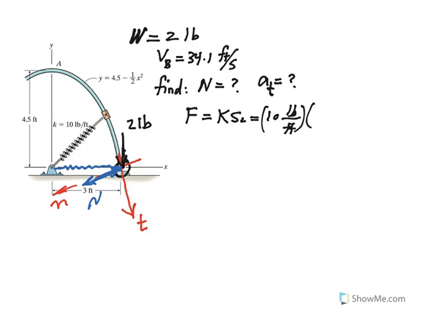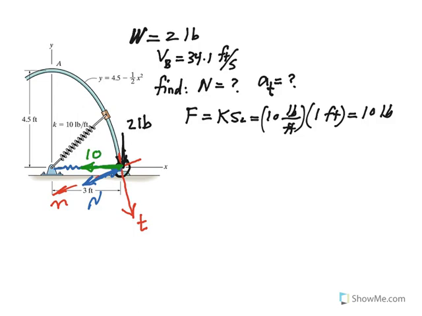Since the length is 3 feet here, this spring is stretched by 1 foot, so the force of the spring would be 10 pounds. I advise you to see the previous video where we have all that information. Since it is stretched, the force is going to be to the left.